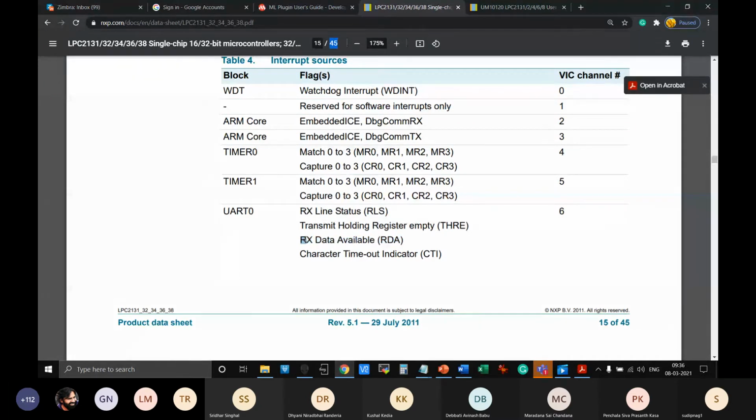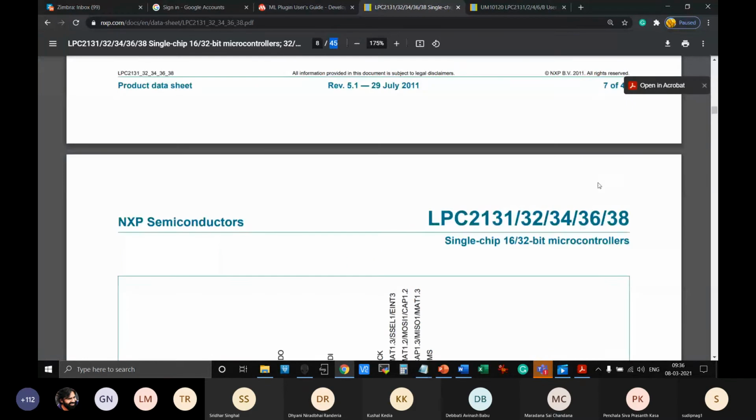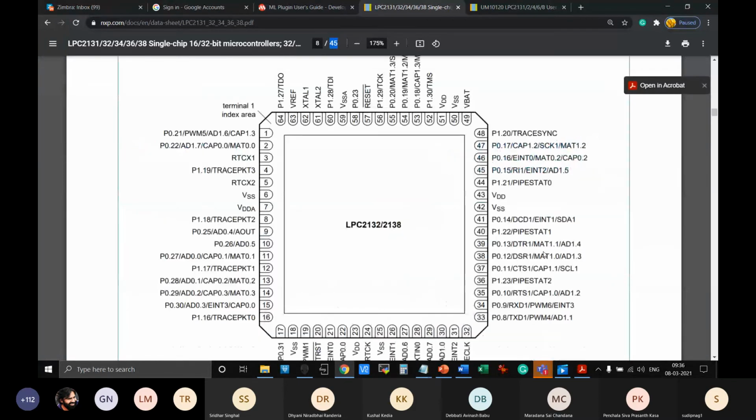RX line status: if you look at the pin configuration of this microcontroller, you will find handshake lines available like DTR, DSR, DCD, CTS, RTS, and also RI, ring indicator.